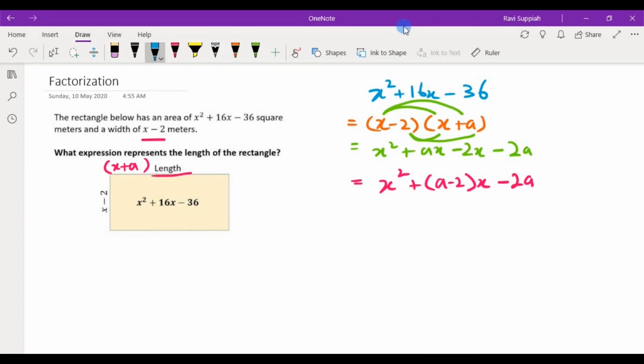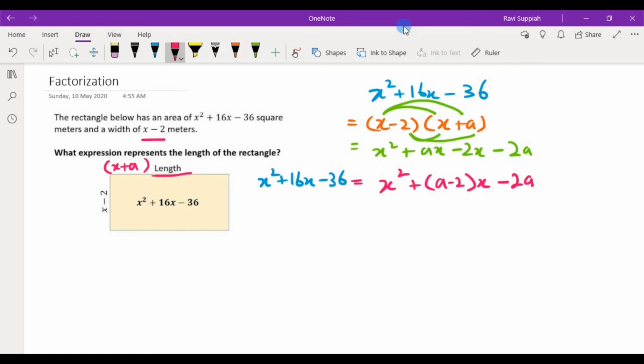Now you can see that this expression can be directly compared with this expression here, so I'm going to put them side by side: x squared plus 16x minus 36. When we compare these two expressions, we are comparing coefficients to find the unknown variable.